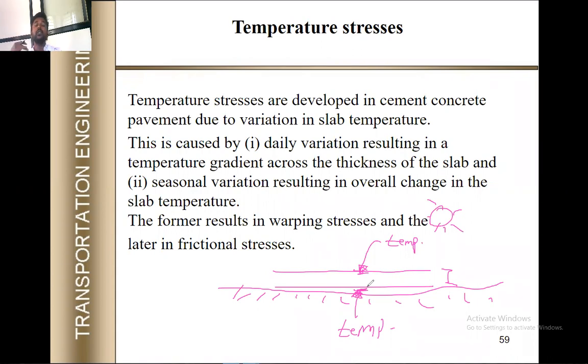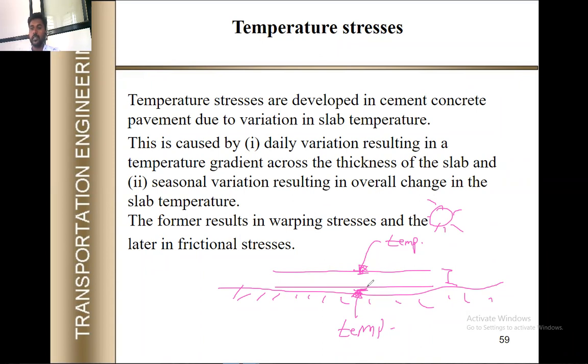The top layer and bottom layer are subjected to different temperatures. So temperature stresses may be induced into the concrete layer.